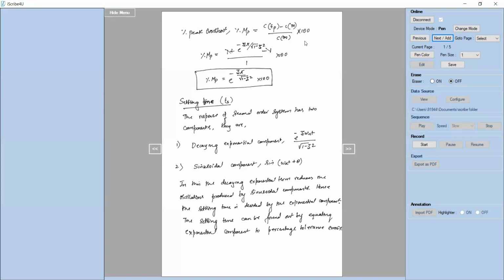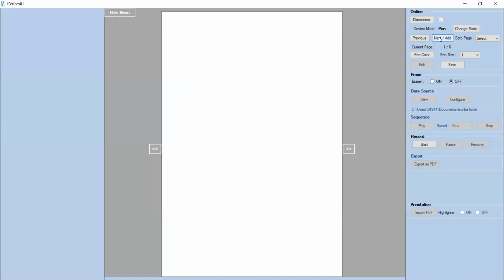What percentage of tolerance we want, based on that we will get the expression. So now I'll go with the 2% tolerance. For a 2% tolerance error band at t equals ts, I'll be equating this exponential term to 0.02.